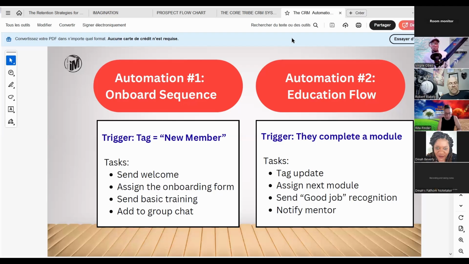The next one will have the onboarding steps. Whether there's a response or not, we're still going to trigger the basic training, the basic information now that you have opted in, and then invite you to join the chat so we can check up on your progress so far. And this is from one acquisition form leading to that first set of automation.